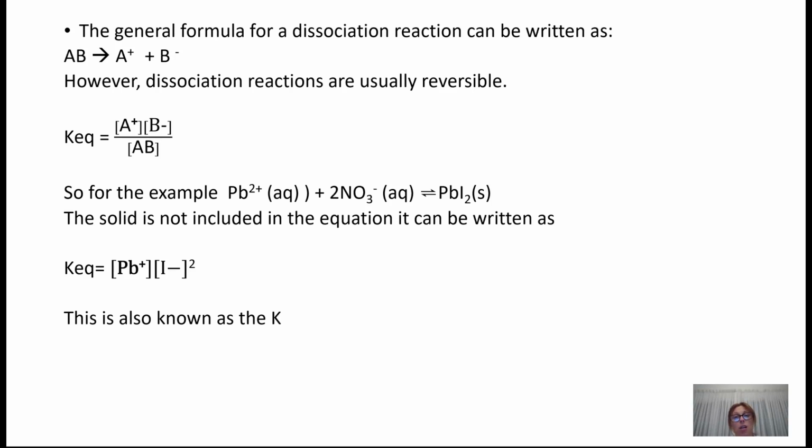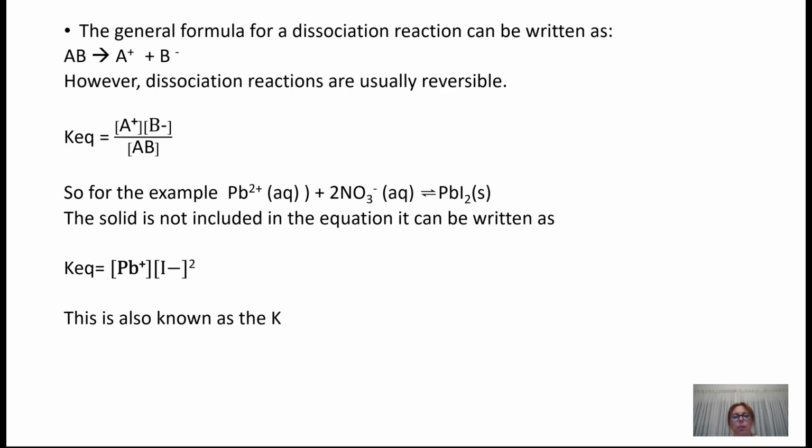And these reactions are usually reversible, so we can see that indicated below with the reversible sign there. So if I was to look at that KEQ, I have got my reactant, which is AB, on the bottom, and the concentration of my products on the top, the A plus and the B minus. And we can apply that for this equation below.